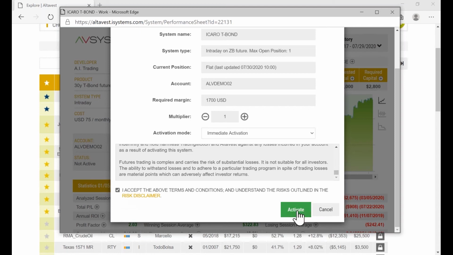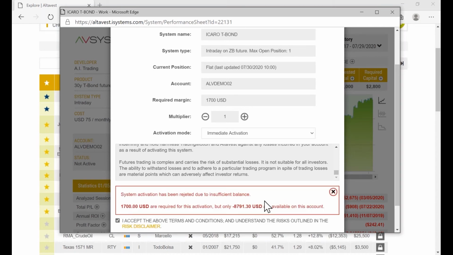Click accept and then activate. It'll take a moment here. The robots are thinking hard.